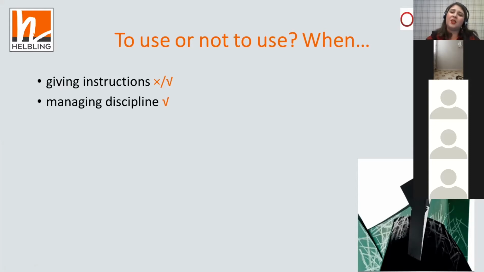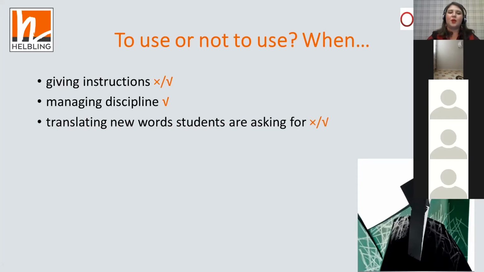But maybe at the beginning of the course, because later on, when you introduce certain rules and a rewarding system, and your young learners have the idea of what is going on, then it's not so necessary to switch to L1. You can use different tools rather than speaking students' mother tongue. Then translating new words students are asking for: yes and no. Again, we will discuss it a little bit later.